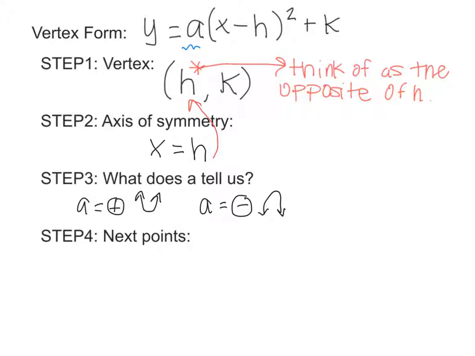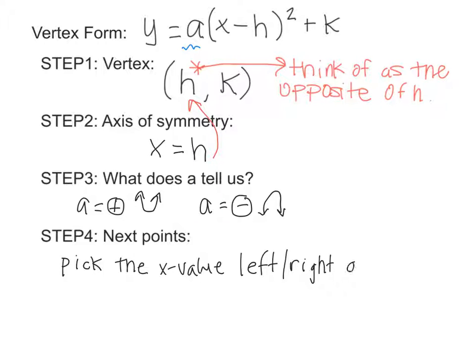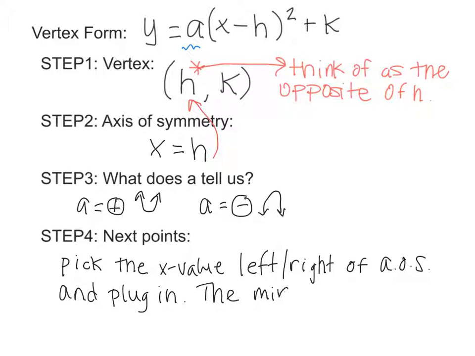So for our next points, just like on standard form, we are going to pick the x value that is either to the left or to the right of the axis of symmetry and plug it in. And then we're going to mirror image it again. That's the advantage of having a symmetrical graph.